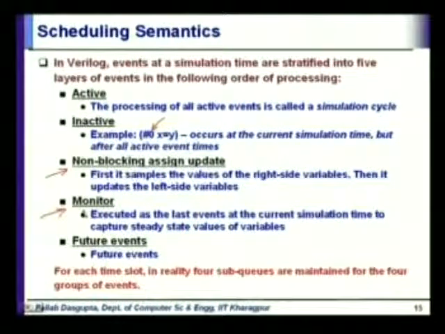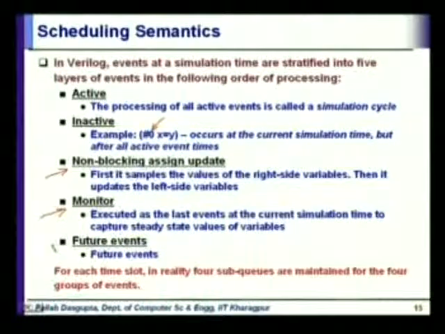Later on, when we talk about assertions, assertions are also properties which are monitored over simulation. They will also be examined at those points. It's just at the end of the simulation cycle, after all the other changes including non-blocking assignments have been processed. And then when this is also done, we go to the future events.